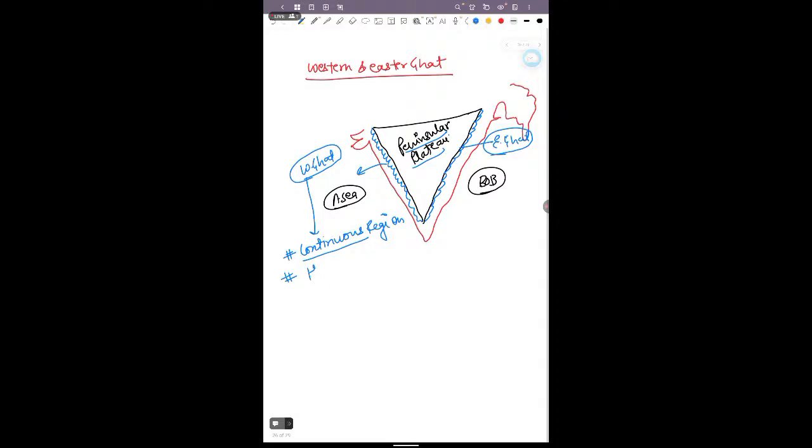And if we talk about the height of the Western Ghats, when we move from the north towards the south, the height also increases.